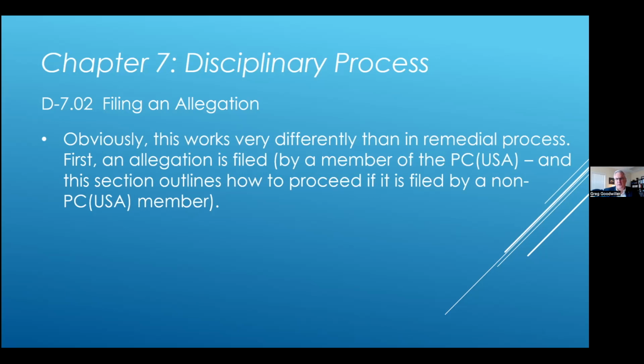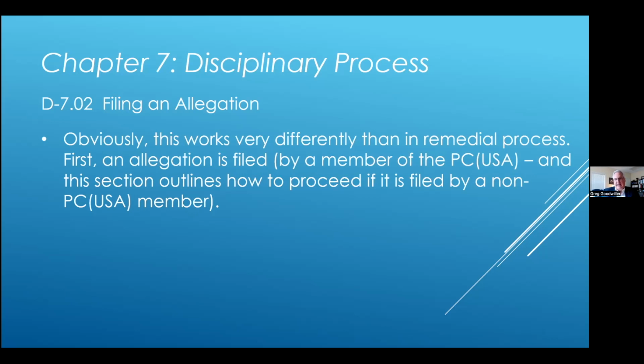And in order to maintain their sense of objectivity, because they have to work with both sides in any matter, their preference generally is to not be the one who makes the accusation, even if they have it because it got sent to them from somebody who's not in the PCUSA. That would put them kind of in the dual role of being the stated clerk and also being the accuser who has some defined rights within the process.